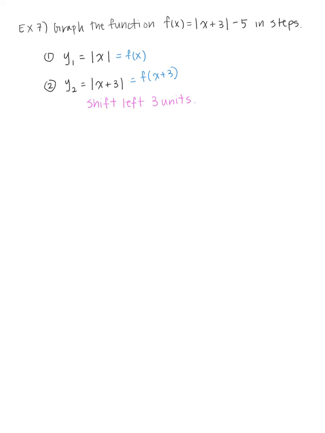All right, now let's go with the third step. So I'm just going to call it y sub 3. So now we have absolute value of x plus 3 and then minus 5, right? So do you remember what to do? If I have a minus 5, you're right.